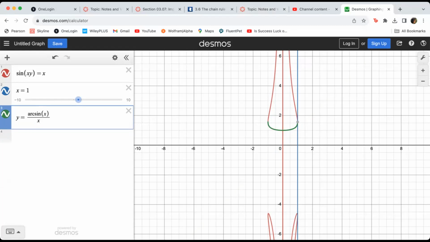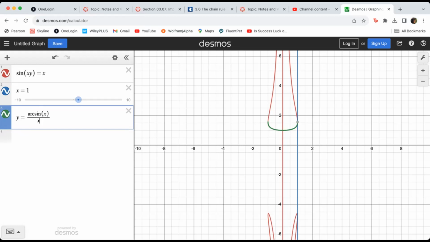This is because we did sine inverse, and sine inverse restricts us. So sine has a domain of all real numbers and a range of -1 to 1. But when we invert that, we don't get the sine going all the way up. We only get to invert sine from negative pi over 2 to pi over 2. So that's why we get this limited piece of the domain for the arc sine, for the inverse sine. We don't get the whole picture.